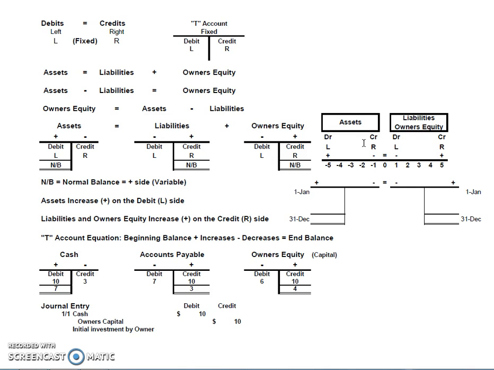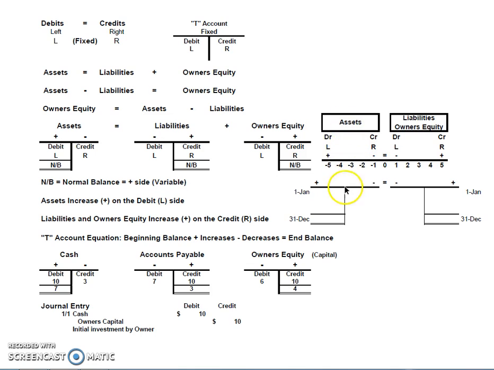The normal balance is variable to either side of the equation, but the debits and credits are fixed. It's always left and always right. So normal balance equals the plus side, it's variable. Assets increase on the debit side, it's one way to remember assets. And then liabilities and equity are on the opposite.